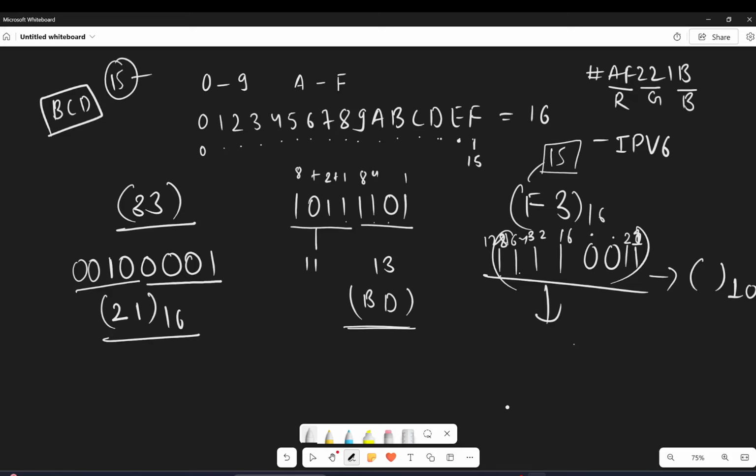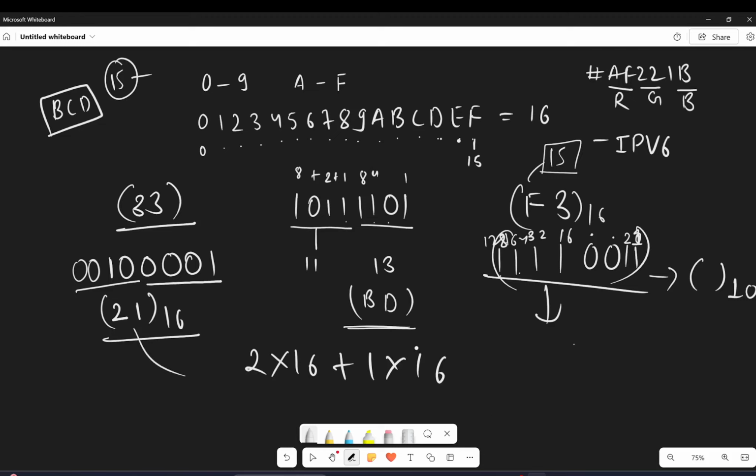There is also another step to convert the hexadecimal value into the denary number system. Let's say we have 21 and we need to convert it directly into denary: 2 times 16 plus 1 times 16.